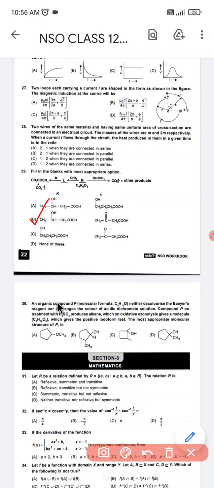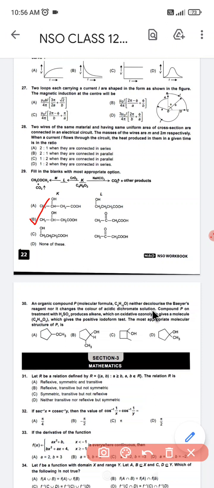In question number 30, we have an organic compound P of molecular formula C6H12O that neither decolorizes Baeyer's reagent nor changes the color of acidic dichromate solution.